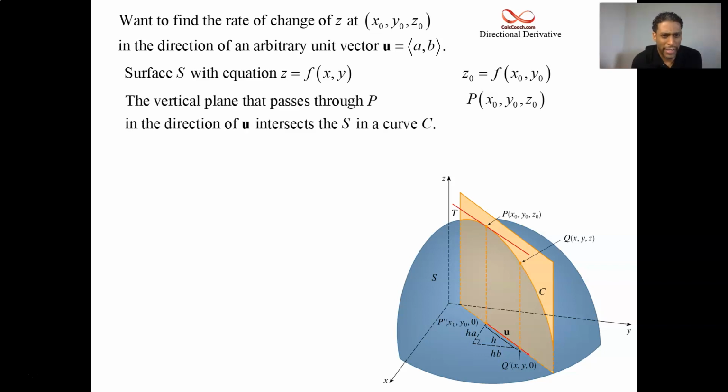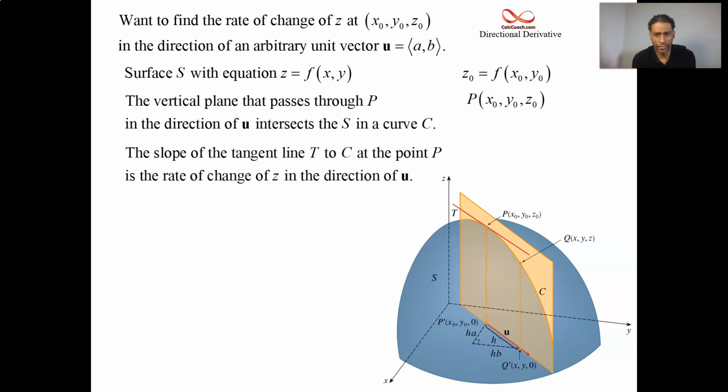And so the vertical plane that passes through the point P in the direction of u intersects the surface at C. That's our curve there. And so when we get the directional derivative, we are getting the slope of the tangent line to that curve in that direction.